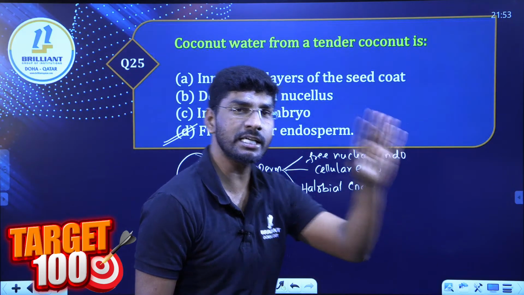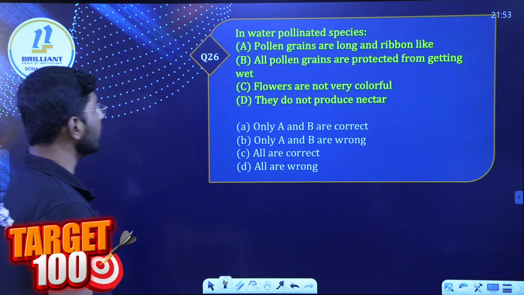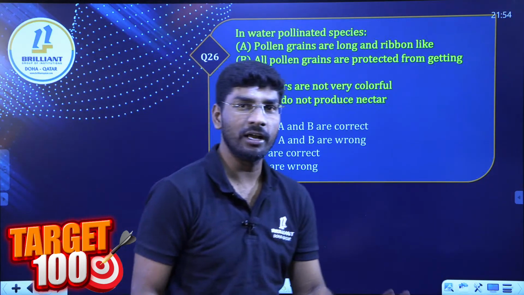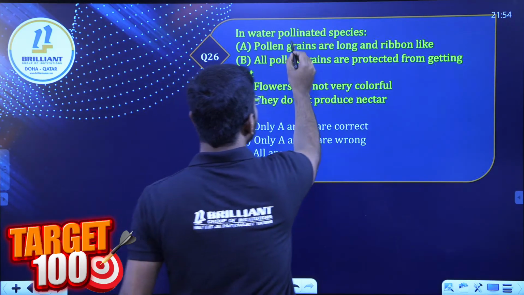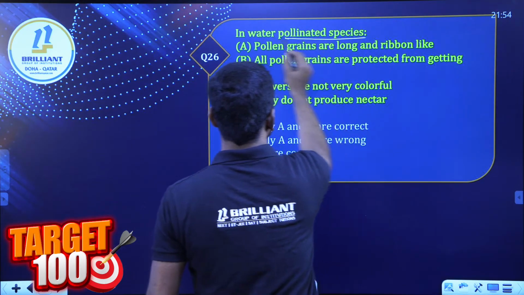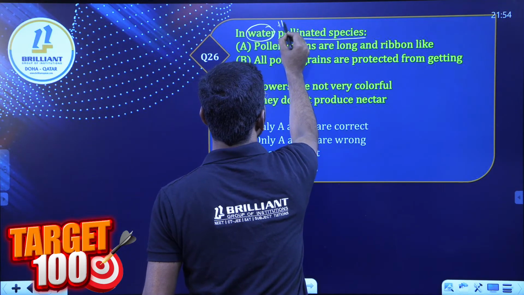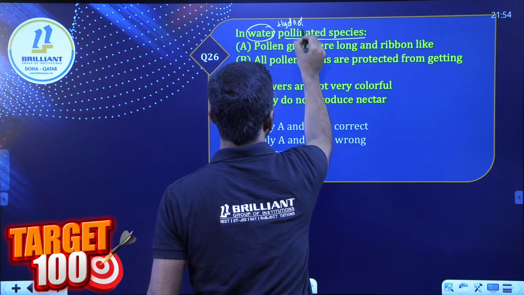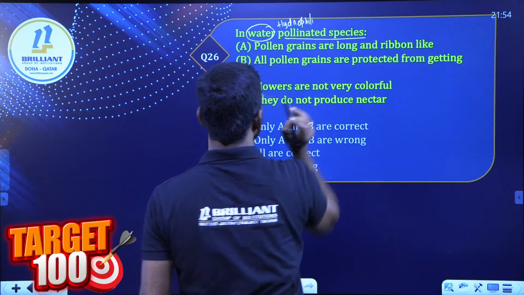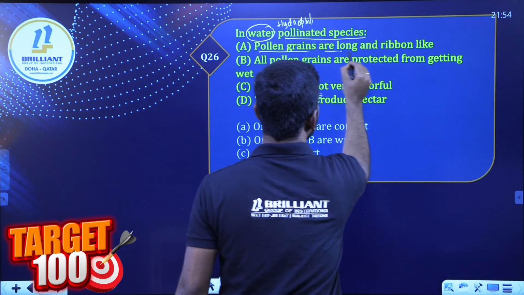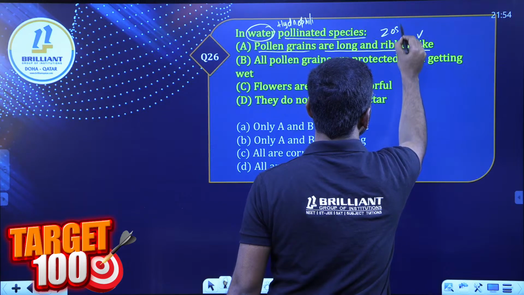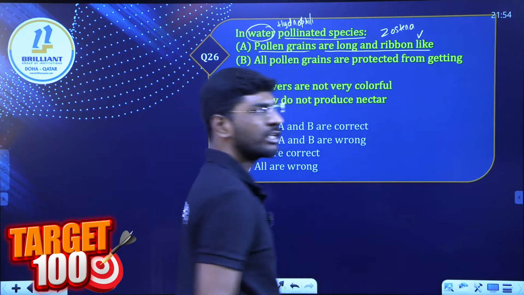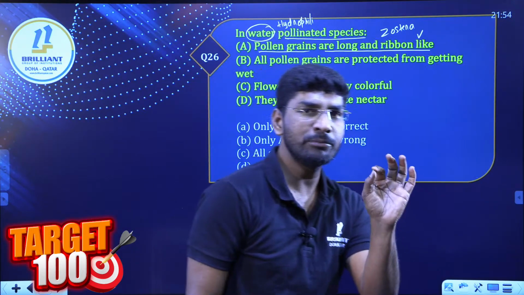Question number 26. Oh my God, this question. Carefully read all of you. Water pollinated species. Water pollination, simply I am writing hydrophily. Pollen grains are long and ribbon like. Yes, example Zostera. Can you please tell me what is the diameter of pollen grain? MCQ question.